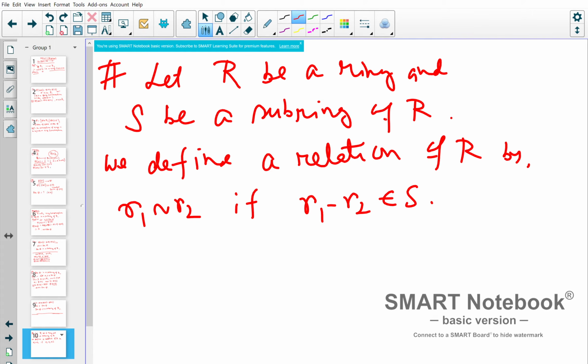I am saying two elements are related if their difference is an element of S.